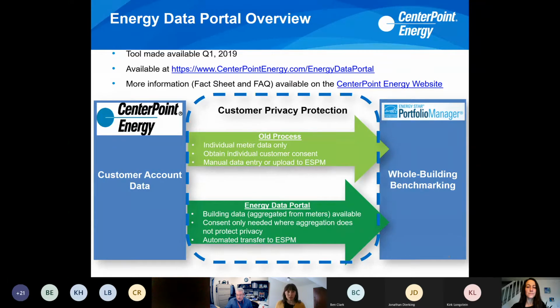In the old world, we had to get individual customer consent, but we have established a data aggregation policy now that allows us to provide the aggregated data without further consent when certain criteria are met. And then the tool also automatically transfers the data to Portfolio Manager for automated benchmarking data transfer. Next slide.